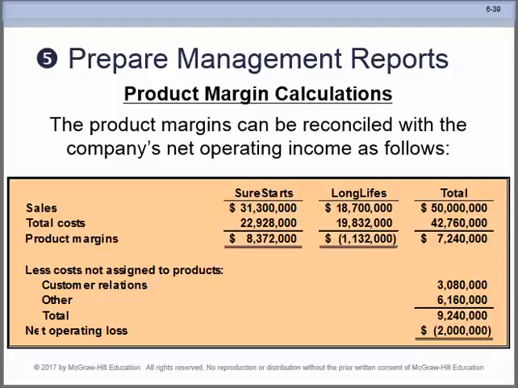The Long Life doesn't. And between that and the cost that we have to take on for other reasons, customer relations, or the cost we can't assign to a customer, it's leaving us with a $2 million operating loss. Okay, and that helps with the decision making later down the line.